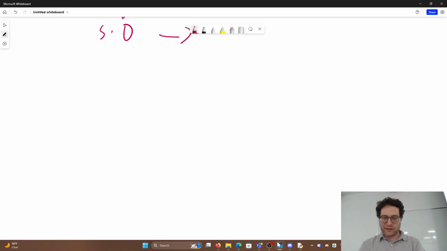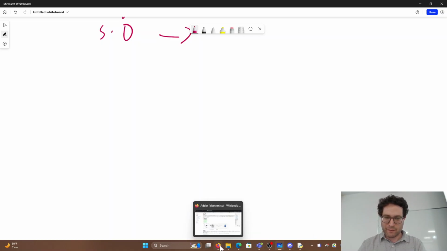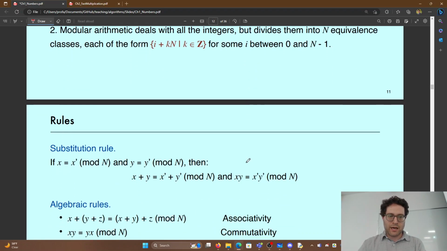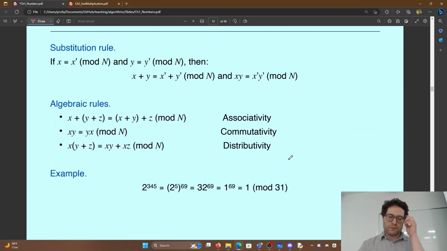Let's see if we've got some slides on this. So I'm pretty sure we do, and I've probably just done them by hand. I think it works better if I show it by hand first, personally. Okay. Yep. So here are the rules that we were talking about. You also have your associative rules, which is basically that the order in which we add stuff doesn't matter, right? x plus y plus z is equal to x plus y plus z.